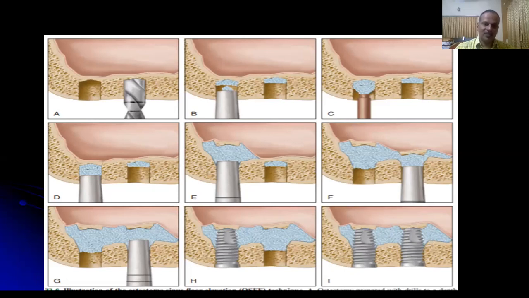So whenever an increase in bone height of about 4 millimeters is required, the crestal approach can be used. Whenever more vertical bone augmentation is required, the lateral window technique is more preferable.